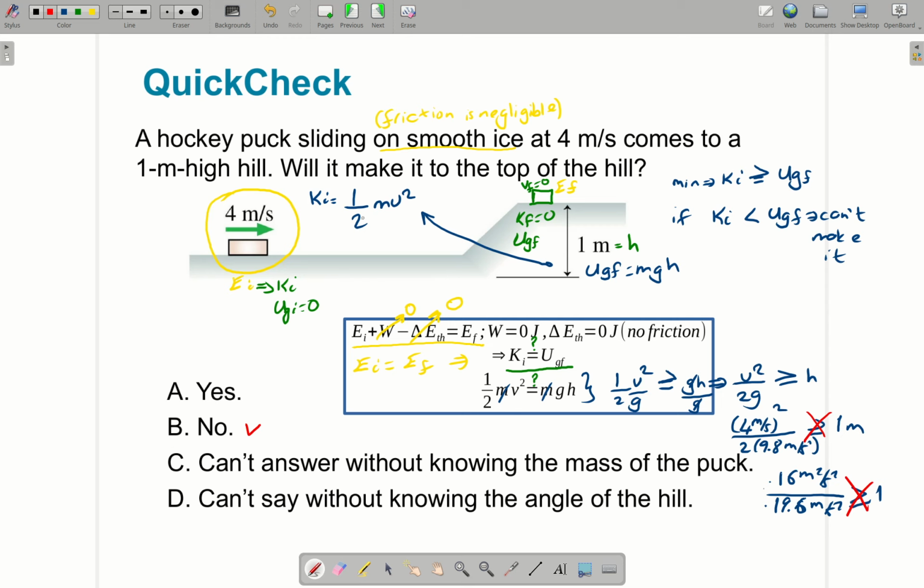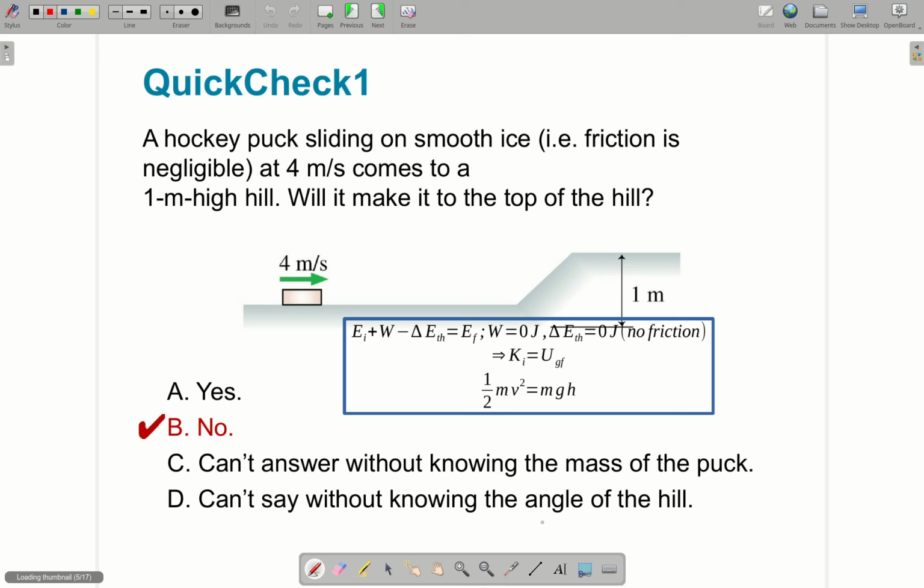So minimum kinetic energy should be equal to potential energy. It could be also larger. If that was the case, it would have been able to reach up here, but it can't in this case because it is smaller. So we can say, since kinetic energy initial is smaller than U gravity final, here we have only initial kinetic energy.